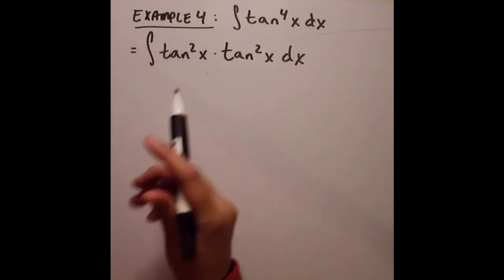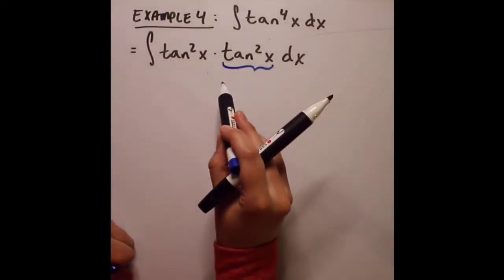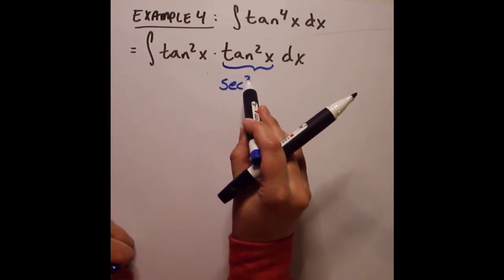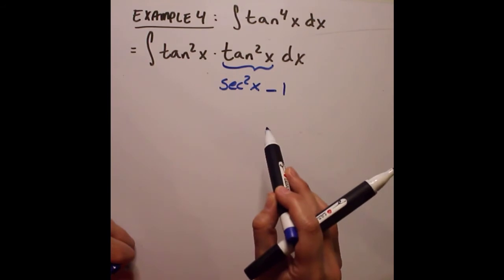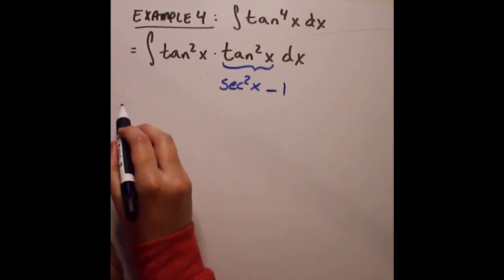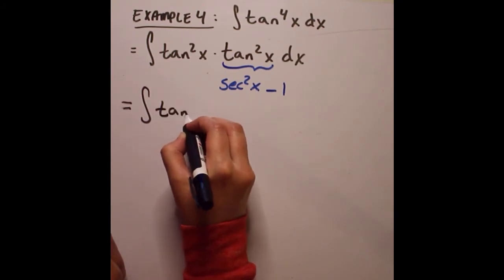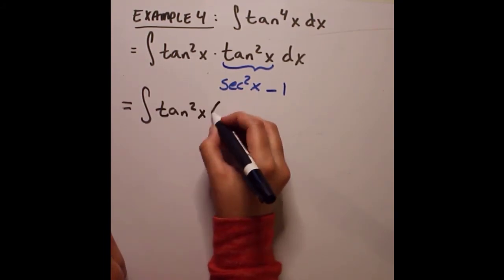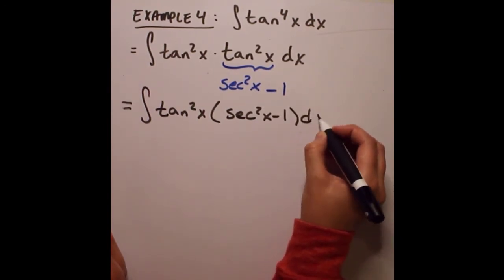So we had just mentioned what we're going to end up doing with substitution. Tangent squared is the same thing as secant squared x minus 1, and so let's start there. We're going to rewrite, and we have the integral of tangent squared x times quantity secant squared x minus 1 dx.